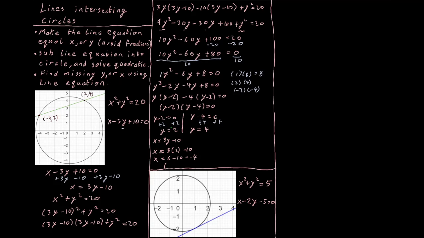So this point of intersection would be y is 2, x is minus 4. And for this one, I would have x is equal to 3 by 4 minus 10.